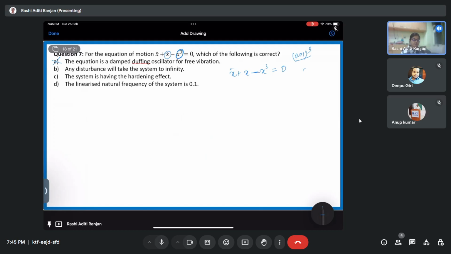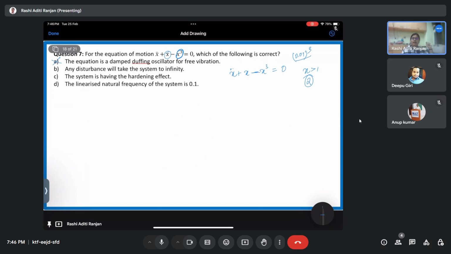However, if my x is greater than 1, let us say 2, in that case, yes, my system could go to infinity. It has a very significant value, so the system can go to infinity. It is definitely going to go to infinity, because we have a softening kind of Duffing oscillator. It will get softened as the value of x increases.